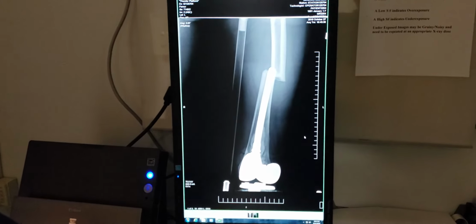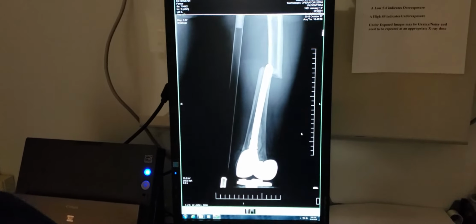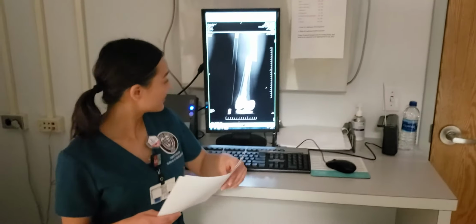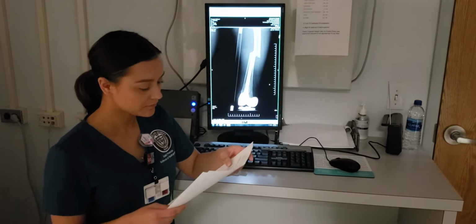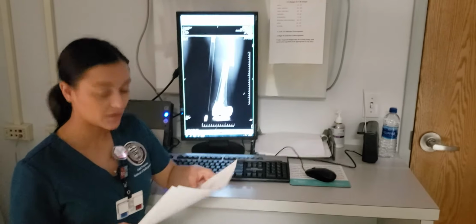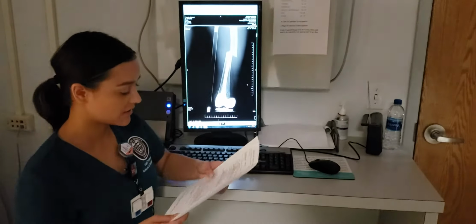Go ahead. Okay, so now I'm going to be presenting the AP distal femur, the left femur. So for this projection, the patient was supine. So are there any unnecessary articles?